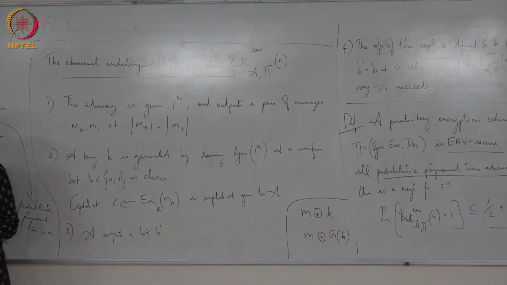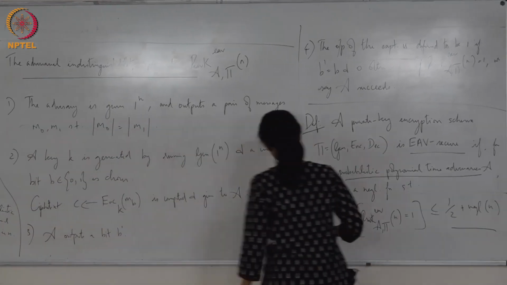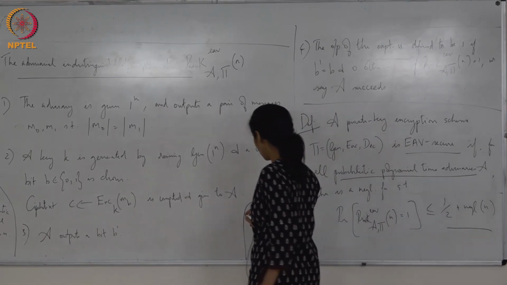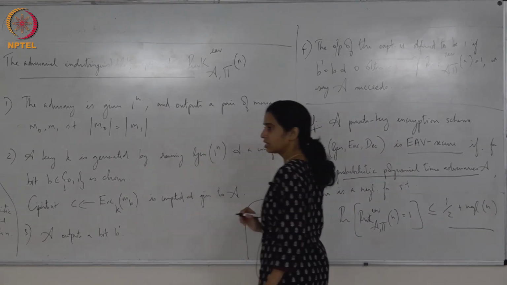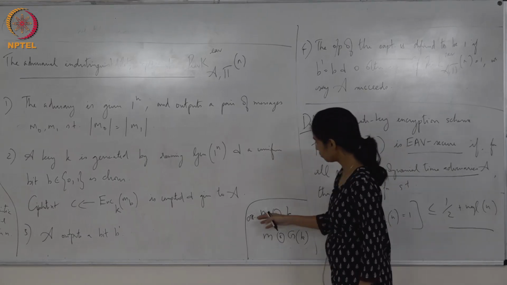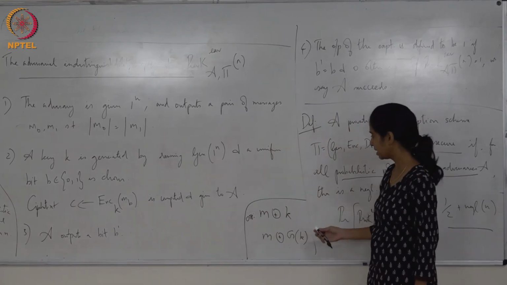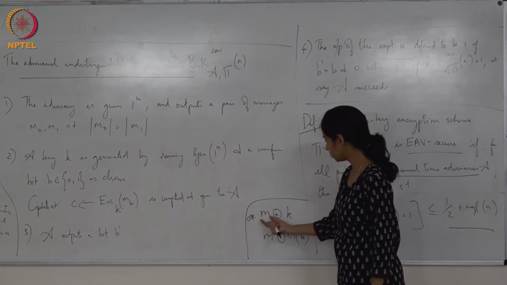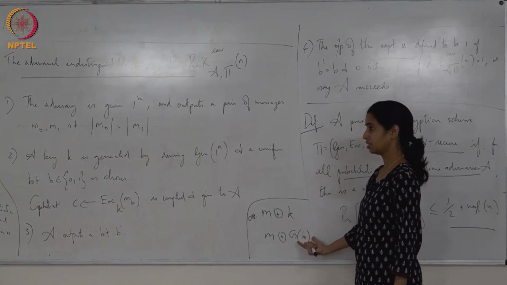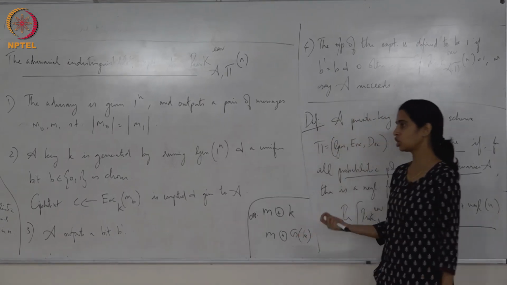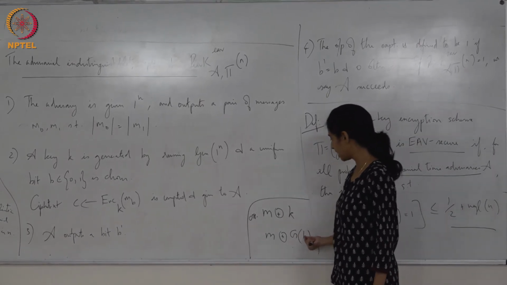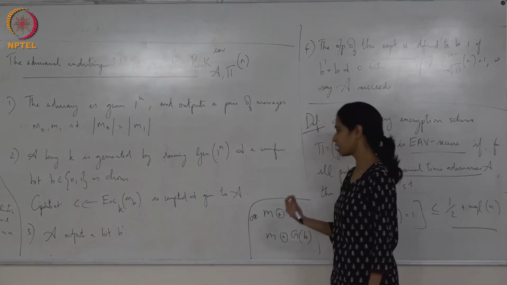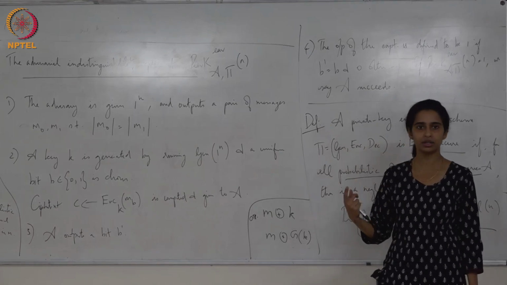So this was the pseudo one-time pad, essentially following the same idea as the one-time pad, but instead of XORing m with the key k, you XOR m with G of k, where G is an algorithm that takes in n bits of randomness, which is the key k, and then outputs some L bits that look close to random.